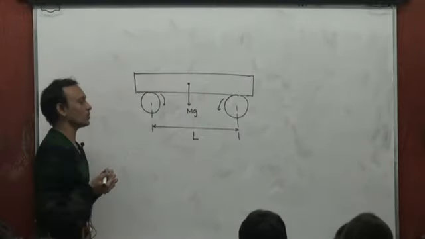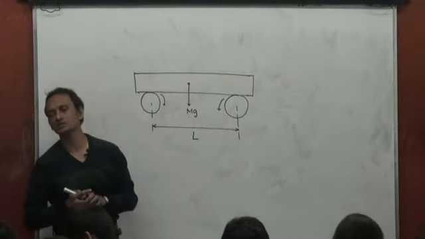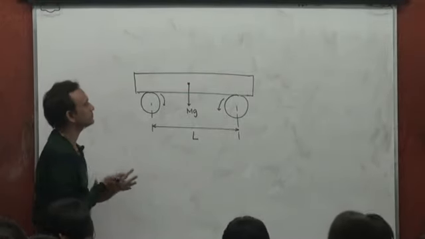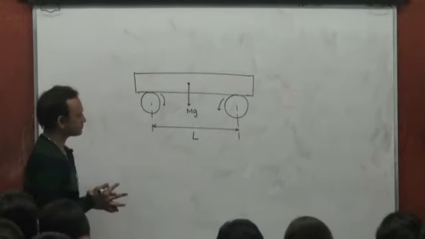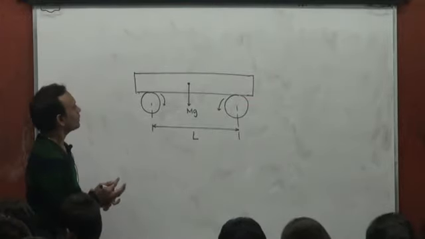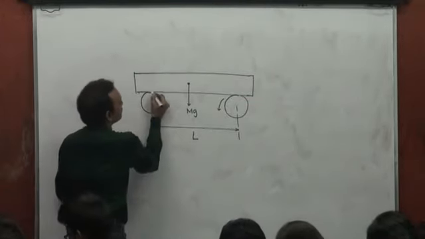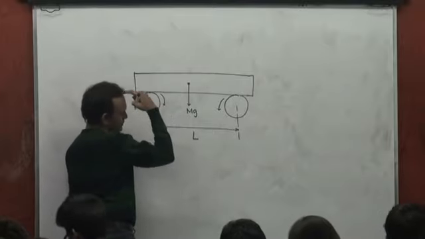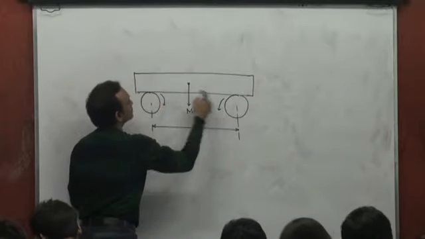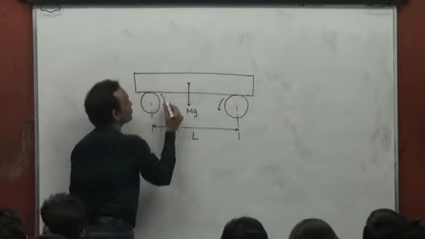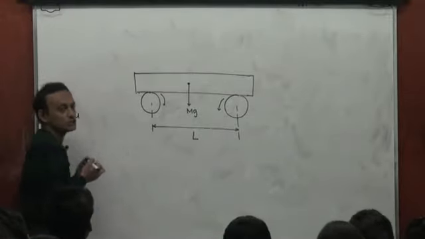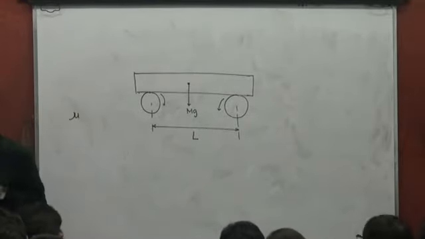The horizontal separation between the rollers was L. And the coefficient of friction between the roller and the platform was mu.